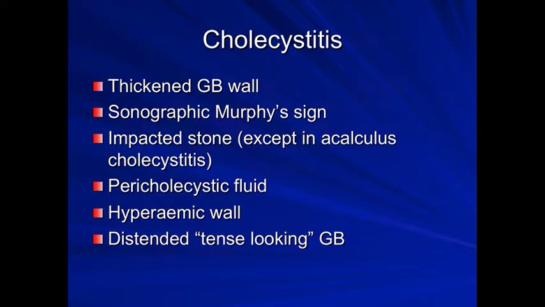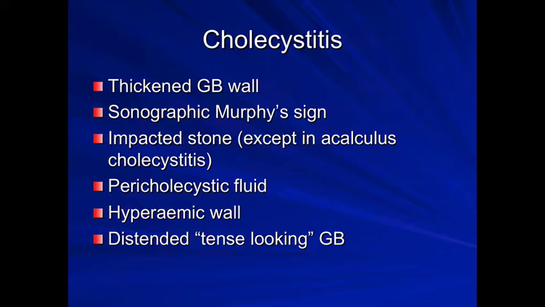So moving on, what happens if there is, say, an impacted stone, but now the gallbladder is starting to become inflamed? Well, in that situation we now have cholecystitis. And the ultrasound features of cholecystitis are a thickened gallbladder wall, a sonographic Murphy sign.